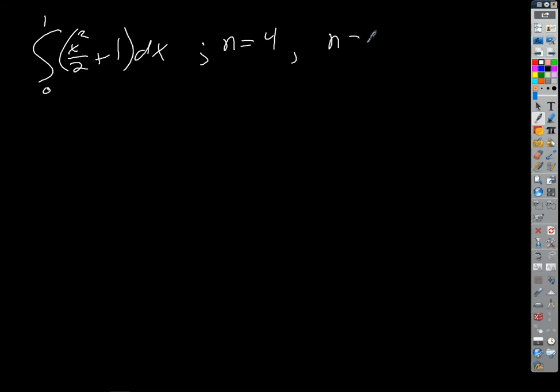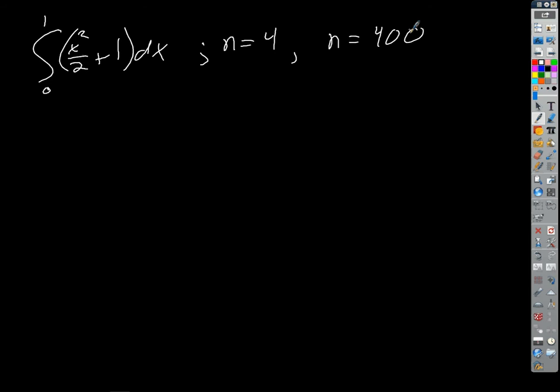So let's try an example using the trapezoidal rule. Let's say we want to approximate the area under the curve. Let's do n equals 4 and n equals 400.